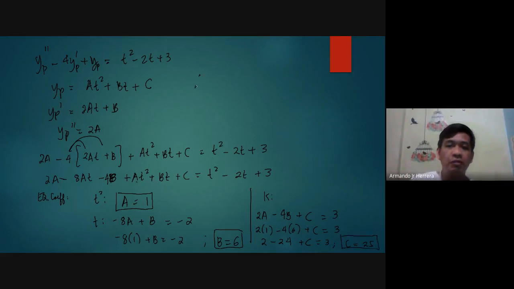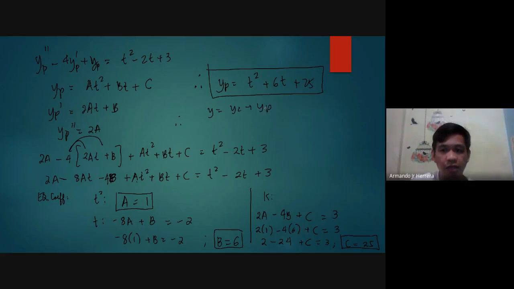So therefore, our YP is T squared plus 60 plus 25. So that will be our YP. Therefore, Y is equal to YC plus YP.